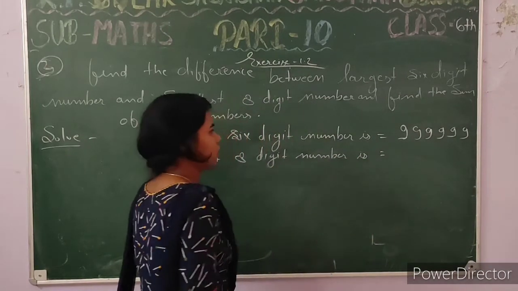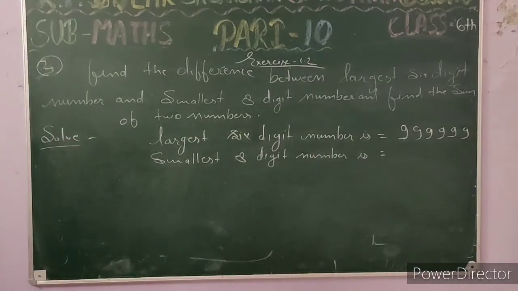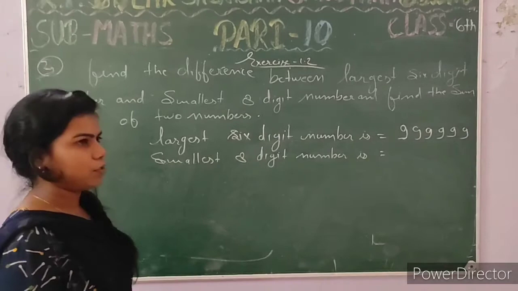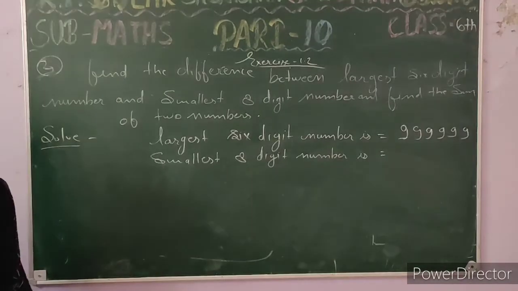Don't be confused about which one is the largest 6-digit number and which is the smallest 8-digit number. These are very simple questions, so don't panic.